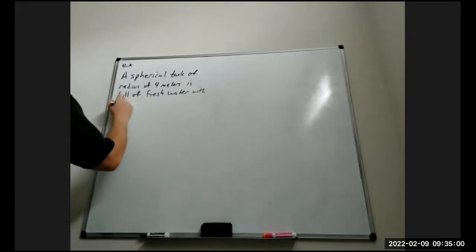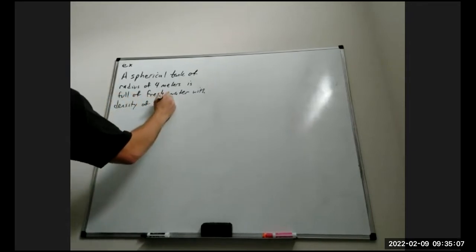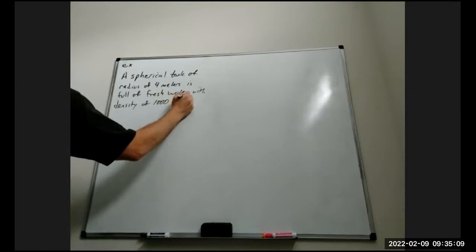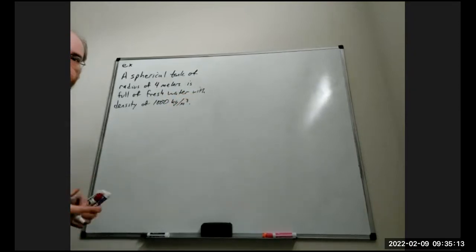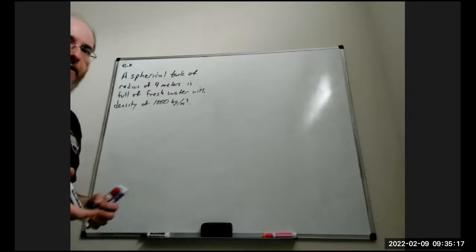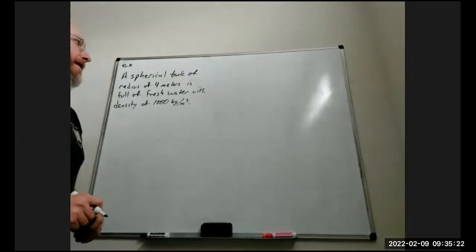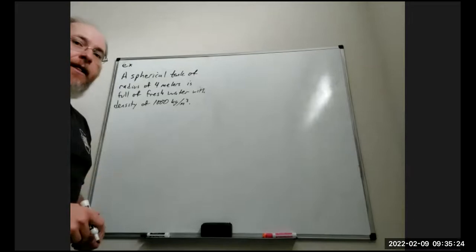And just so you guys know, the density of fresh water is 1,000 kilograms per cubic meter. Okay, so that's just the density of water. Salt water is going to be a little bit heavier, around 1,030.